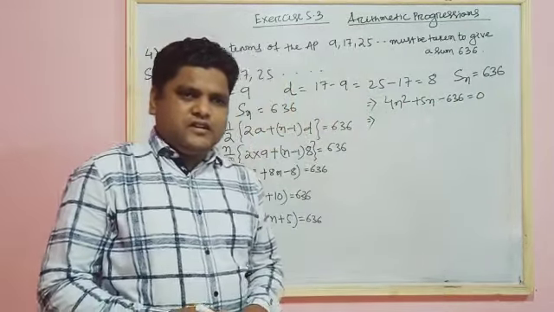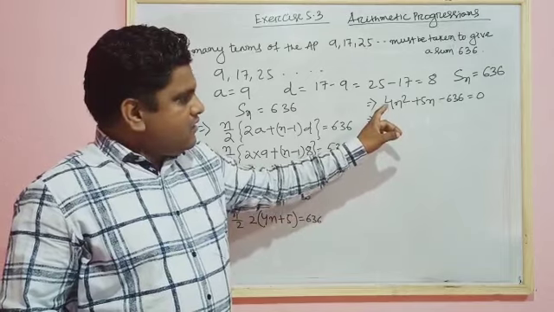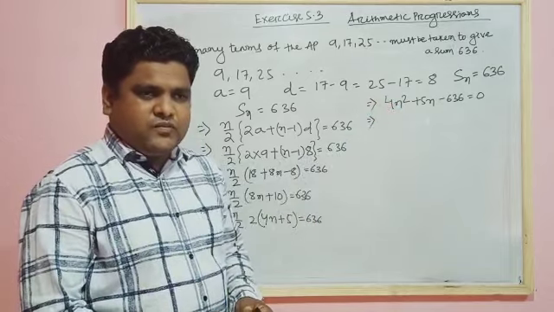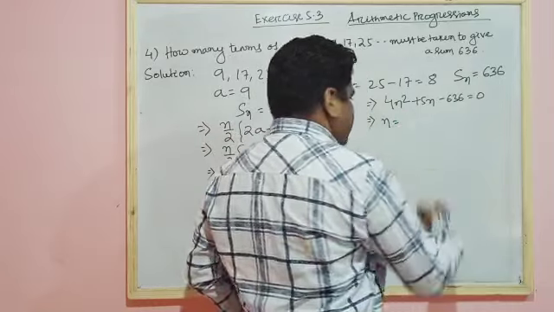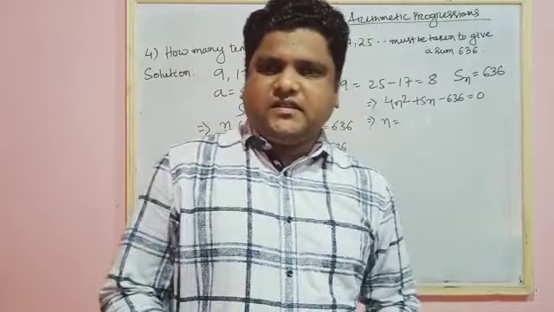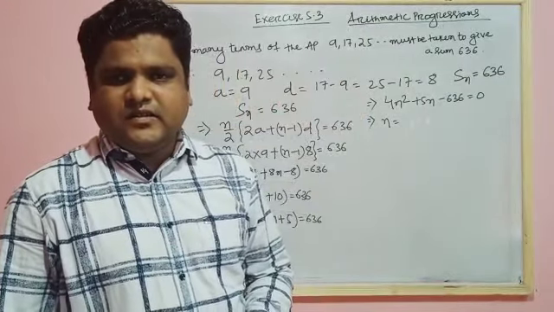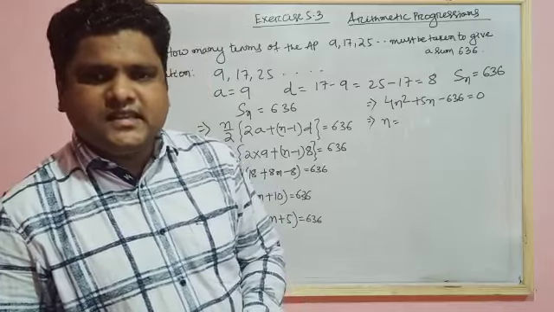Now it is a quadratic equation with variable n. We can use the quadratic formula or factorize or complete the square. By any process it can be solved. Let's use the quadratic formula to find the value of n. So n equal to, the quadratic formula is: ax square plus bx plus c equal to 0, then x equal to minus b plus minus root over of b square minus 4ac by 2a.